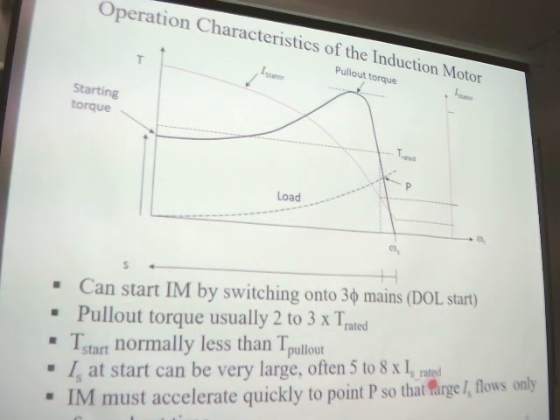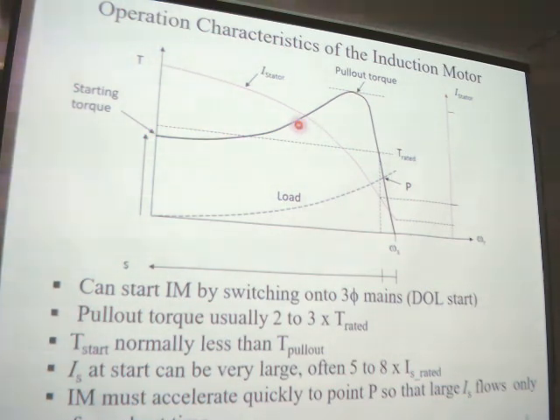It's a large current. It will cause a large voltage drop in the power supply, especially if the machine is high power. And we also know the starting torque is less than the pull out torque.